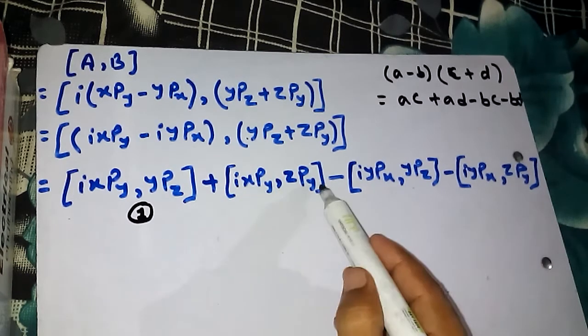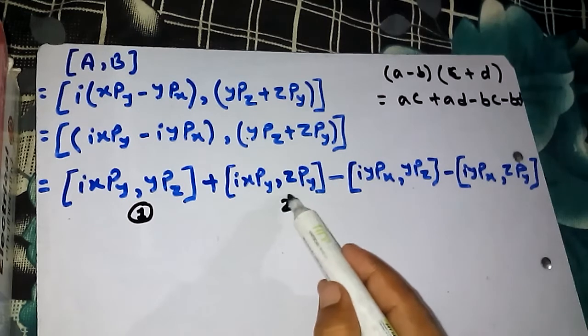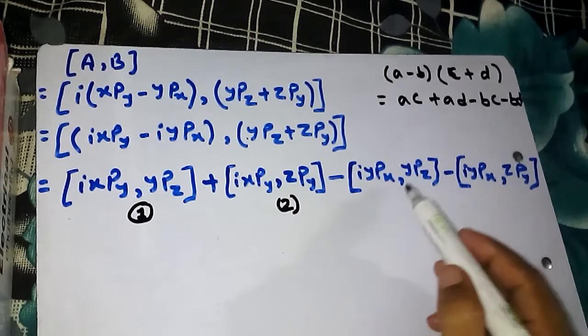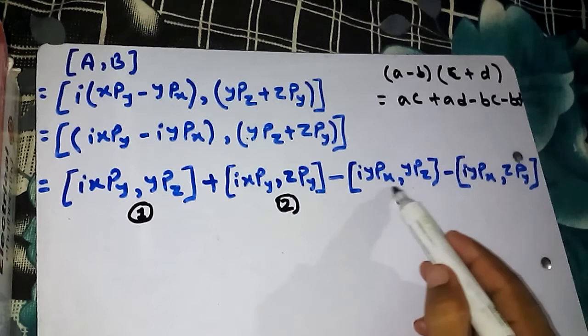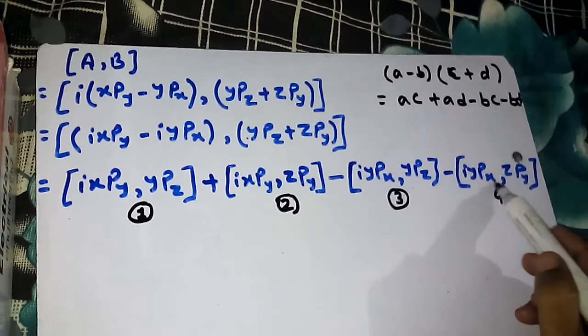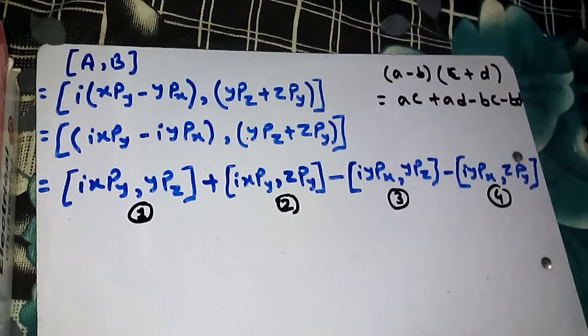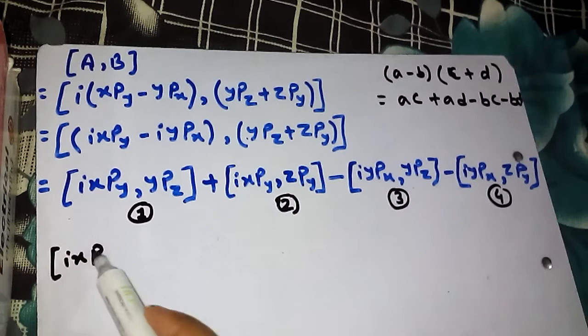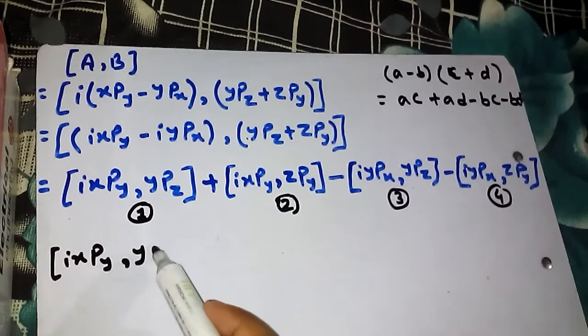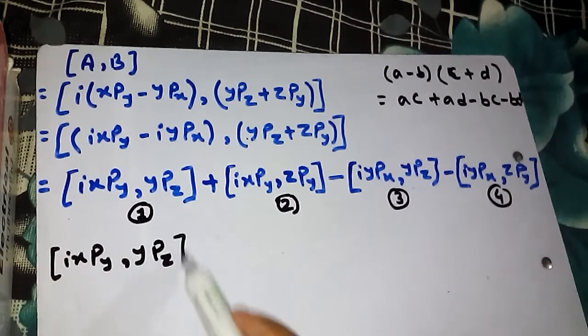We will find the solutions of these four commutation relations and substitute them in this expression. So let's do the first one. It is the commutation of i xpy and ypz.